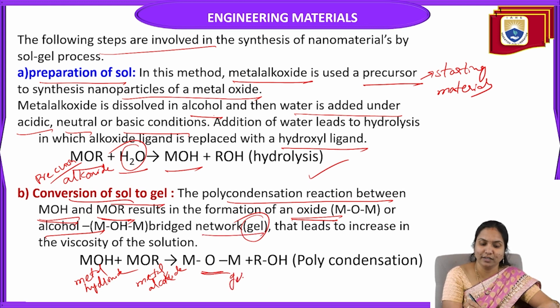This is the gel. It leads to an increase in the viscosity of the solution. It is all converted to gel, and viscosity increases. So these two steps are carried out by hydrolysis and polycondensation. During hydrolysis, it forms salt. Then during condensation, it converts salt to gel.